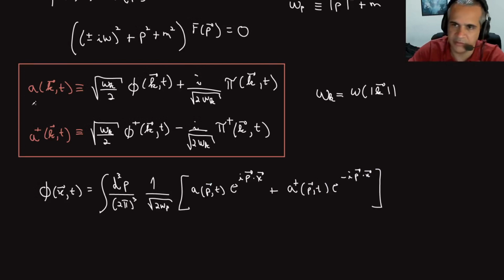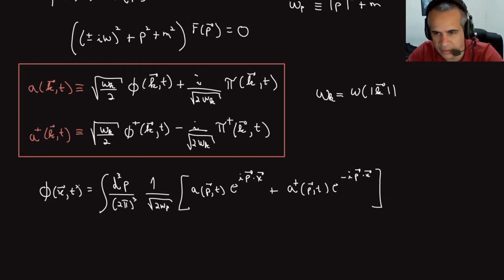I just inverted the relations here, and that's substituted in the definition of phi of x and t at the start, in terms of phi of k and t. Now you can see that phi of k, if I take the dagger, I have to invert the sign of the momentum.